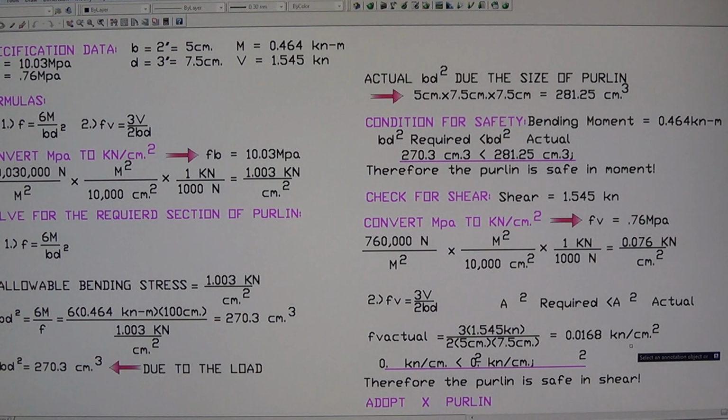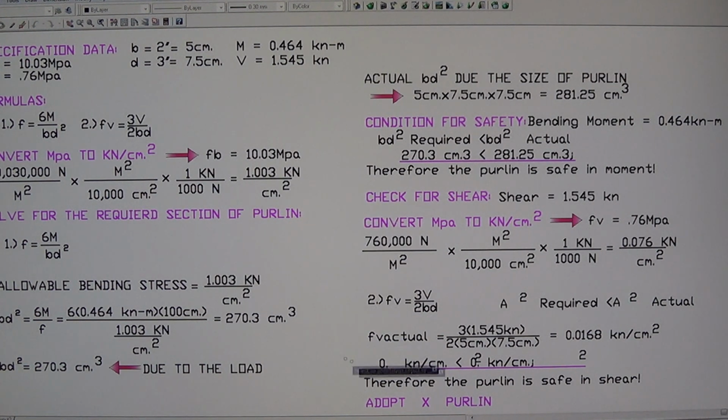The actual shear. Now let's compare the actual shear to the allowable shear for this type of wood. The allowable there is 0.076. Okay, that's the allowable. If the shear here due to the load exceeds 0.076, therefore the purlin is not capable of carrying the shear load of 1.545.